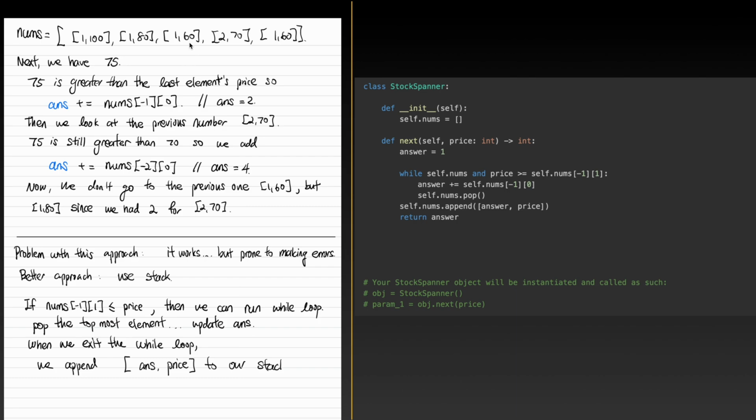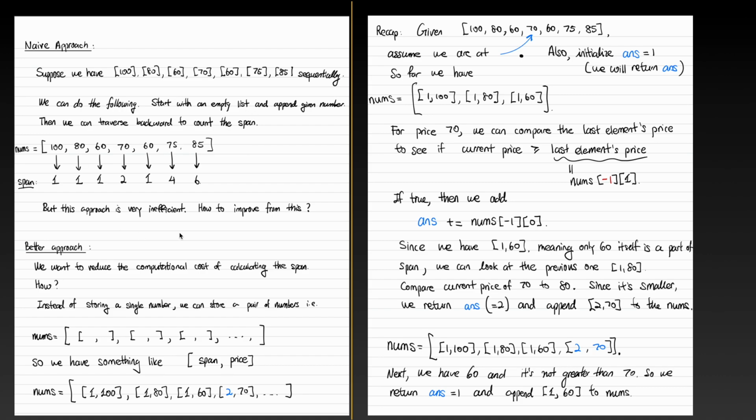We do not go to the element before that, because our span was 2, so we can look at this one instead. But 75 is not greater than or equal to 80, so we return our answer variable and append 4, 75. So that is a slightly improved version of the naive approach, but it is still not good enough.